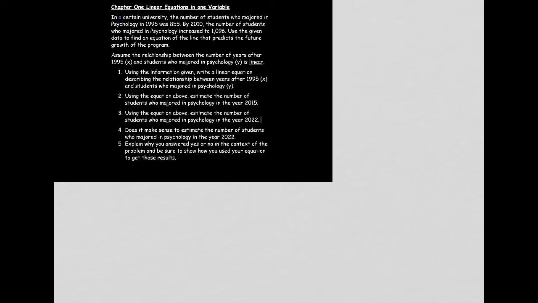Assume the relationship between the number of years after 1995, X, and the students who major in psychology, Y, is linear. First question. Using the information given, write a linear equation describing the relationship between years after 1995, X, and students who major in psychology, Y.